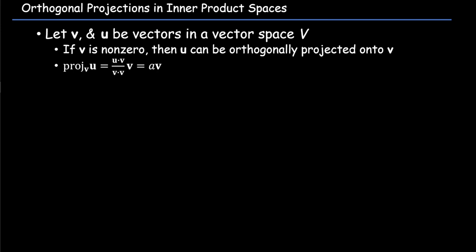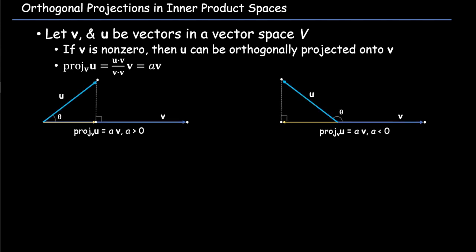For a more visual representation, here on the left side we have the vector v extended, and then some vector u that is theta degrees from v.